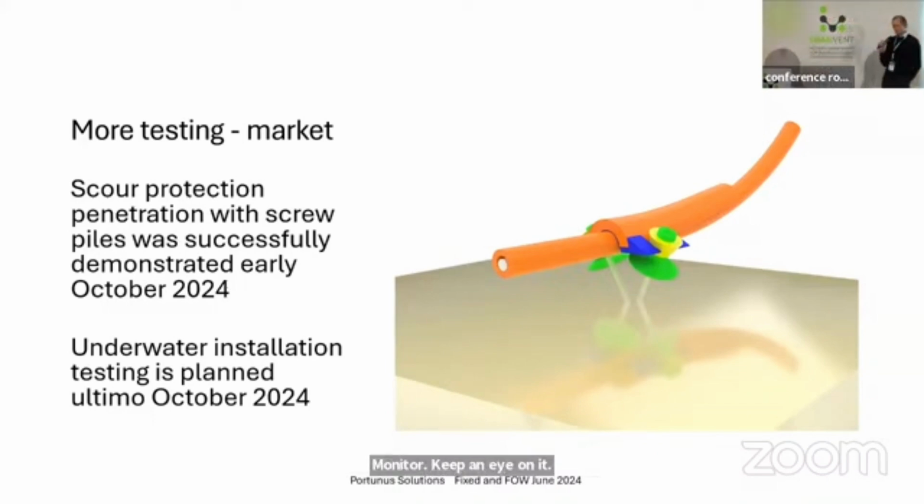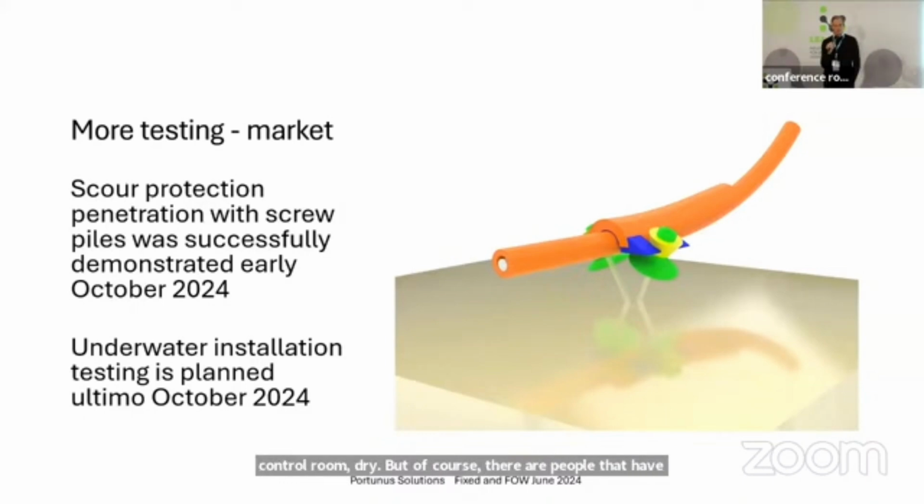Yes, but most developers don't want to monitor. Of course you can monitor it, but I was hoping that the people who presented before could do it via the fiber, because I'm a great believer in doing it from a dry control room. There are people with remote sensing, which you could do from a flyby, but that requires a different approach.